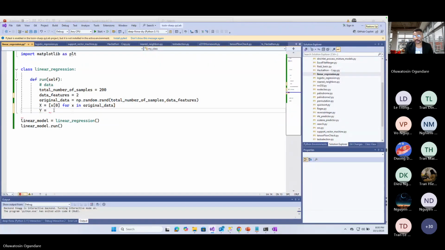We can change this to data point, so it's readable.